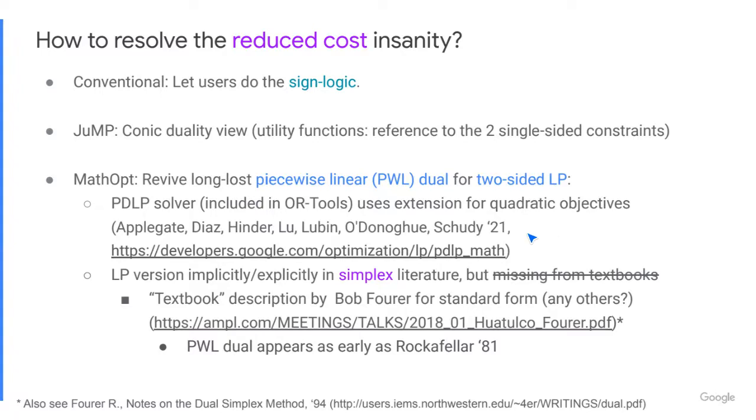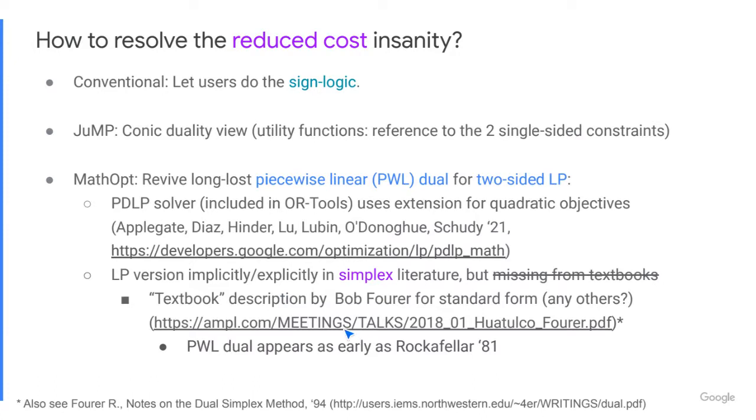I actually had it. I would always say that this is something that is missing from LP textbooks, and it always annoyed me that there wasn't a clear way of dealing with the reduced cost in a systematic way. And very recently, Bob Fourer pointed out that this dual, in fact, appears as early as an '81 paper by Rockafellar.